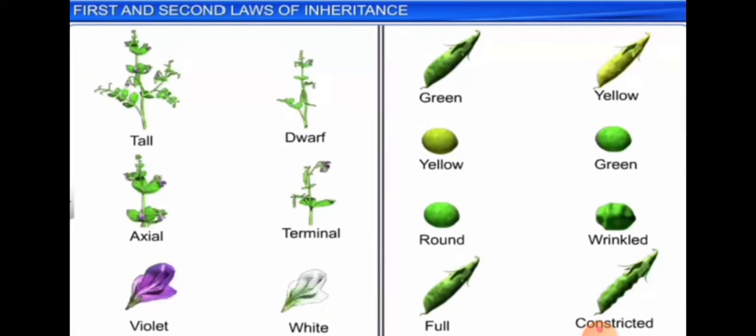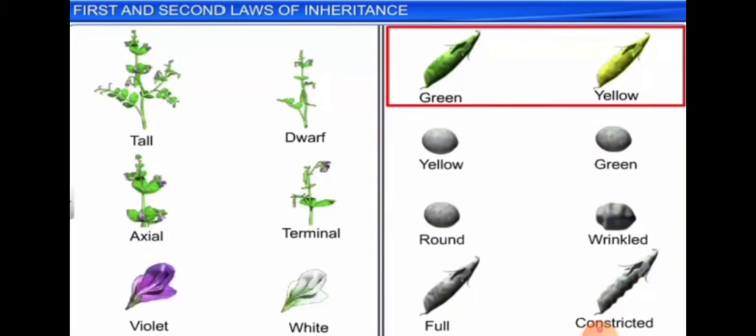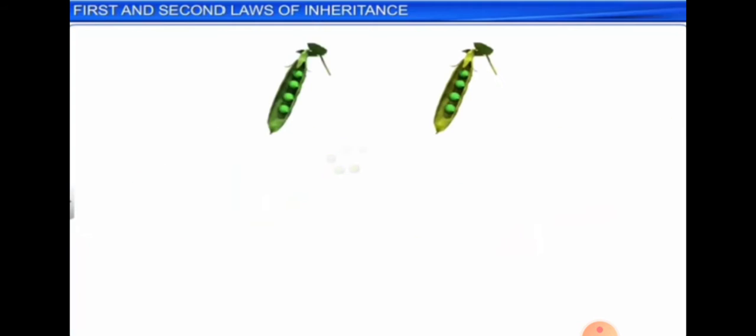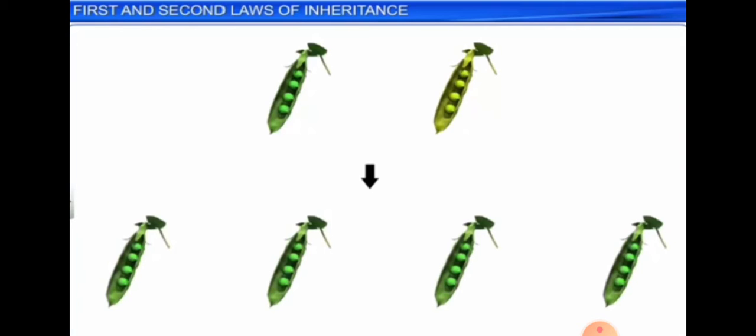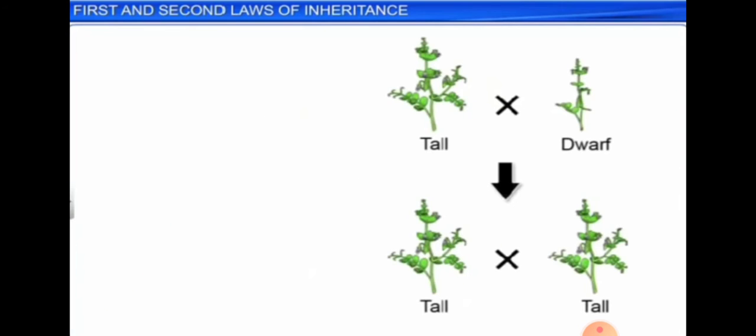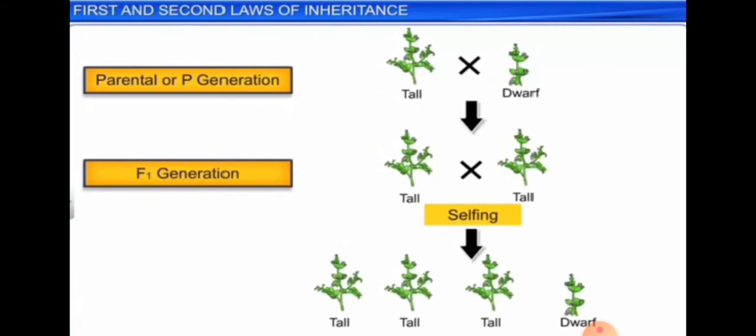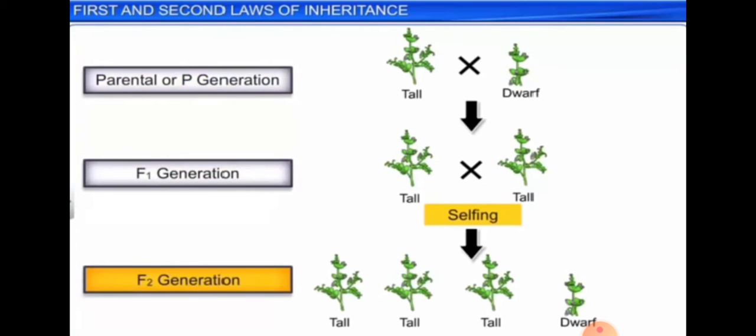Mendel conducted similar experiments with other pairs of traits and made some observations. Every single time he found that the F1 hybrid resembled only one of the parents, while the other parent's trait was missing. To explore this further, he self-pollinated the F1 hybrids to produce a second hybrid generation of plants, known as the F2 generation.